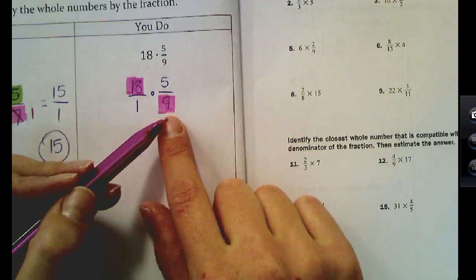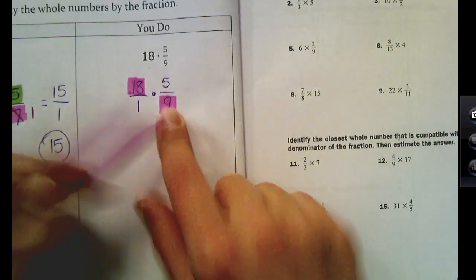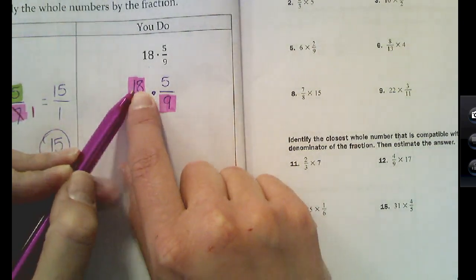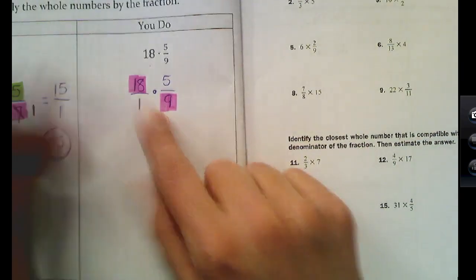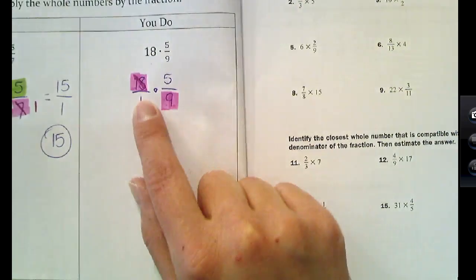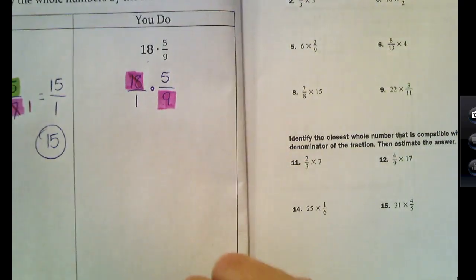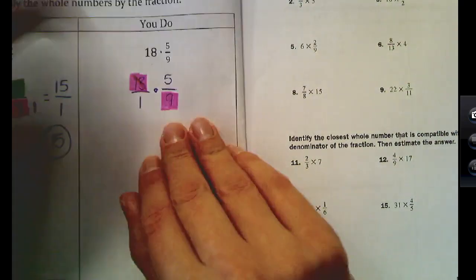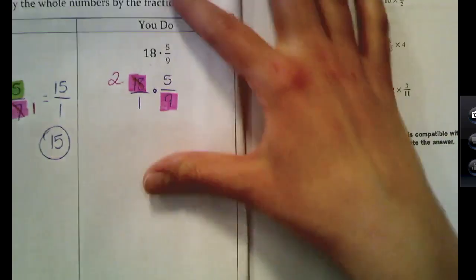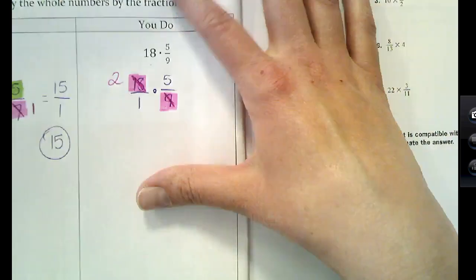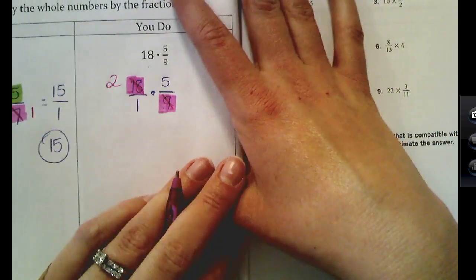The first thing that he said, very first one. 9. Yep. You guys agree that we can do 18 divided by 9? And we can do 9 divided by 9? Absolutely. So go ahead and cross off the 18. And what is 18 divided by 9? 2. So you're going to write a 2 in its place. Then I want you to go ahead and cross off the 9. And what's 9 divided by 9? 1. Very good.